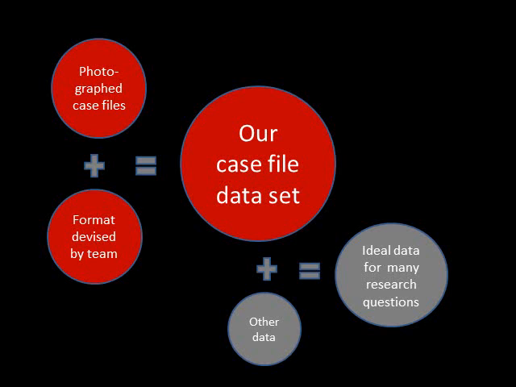So we can take this bankruptcy data set because it has identifying information and because it's a long run sample, and we can add other data to it. Two kinds of data come immediately to mind. First, the courts began to roll out digital records in the mid-1990s. These records can be added to our data to keep it continuously up to date. And second, because we have this identifying information, it would be possible to link to a wide variety of data by name or other identifiers such as Social Security number.